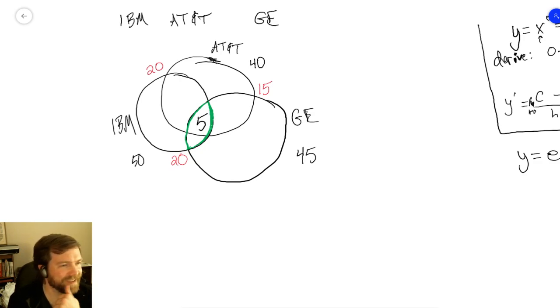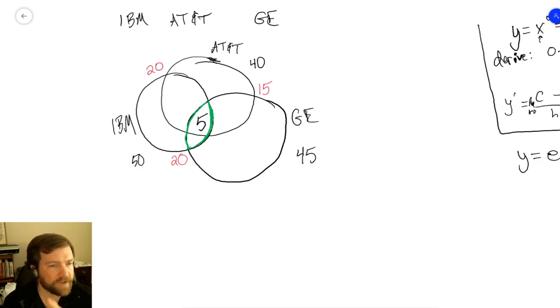So if there are 100 investors in total, they say 50 own shares in IBM. That is everybody for all IBM. Because you just look at the total, right, 50 plus 40 plus 45 is already over 100. So they've got to be talking about this inclusively rather than exclusively.